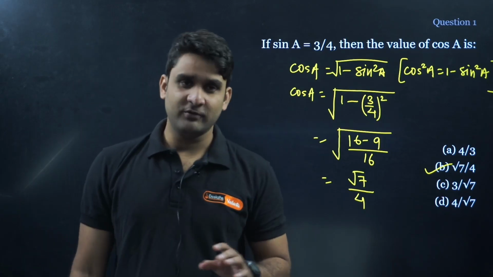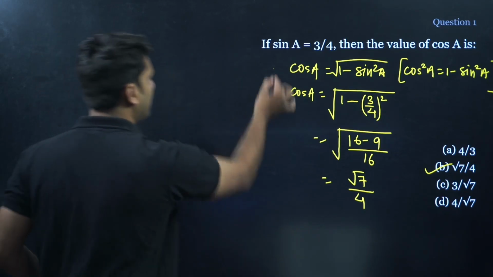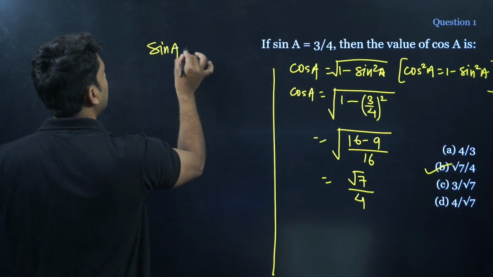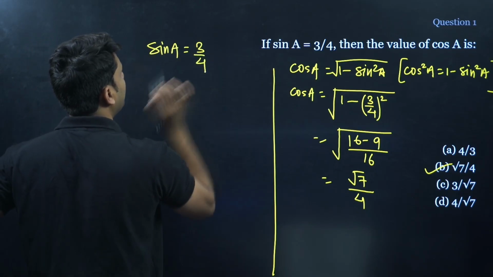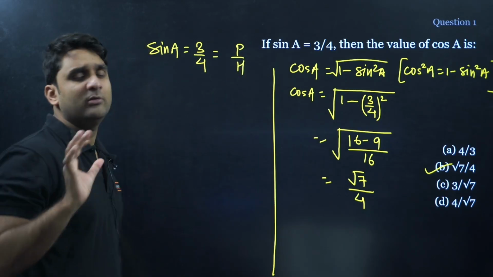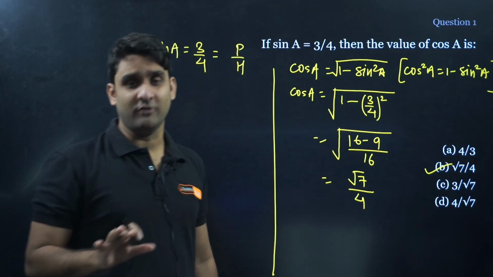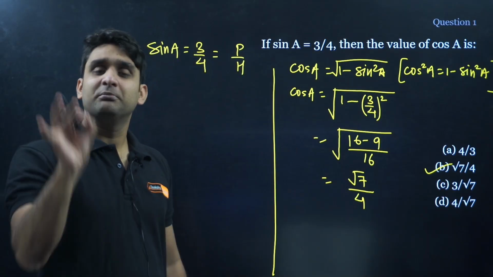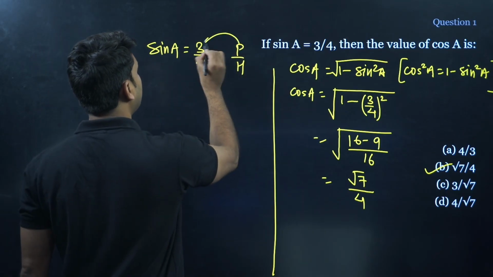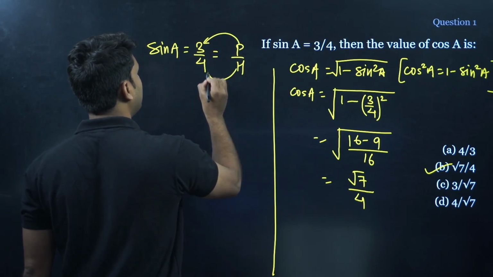Root 7 by 4. Or you can also solve this question by drawing the right angle triangle. If sine A is equal to 3 by 4, my dear champions, sine is equal to perpendicular by hypotenuse in ratio form. So if you compare, perpendicular will be 3 and hypotenuse will be 4.